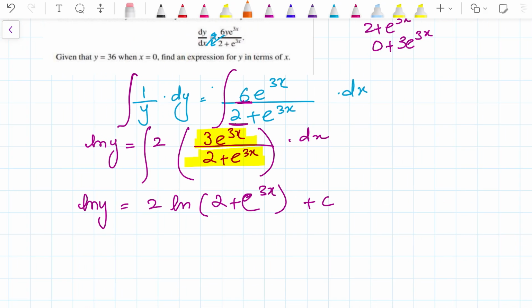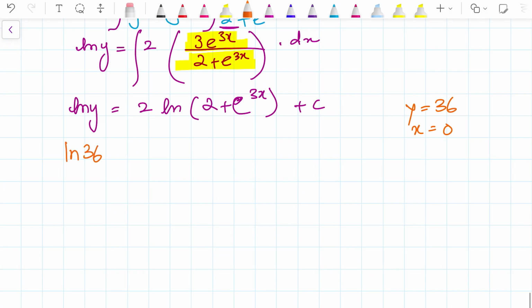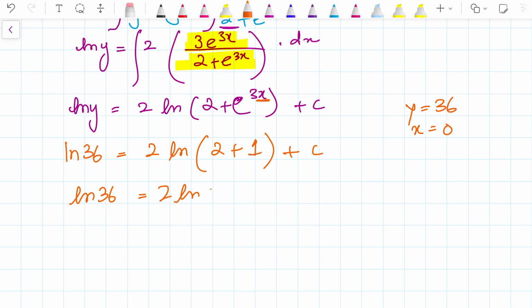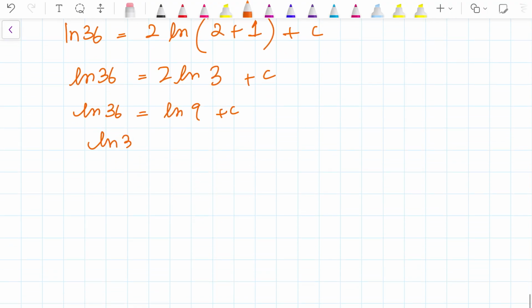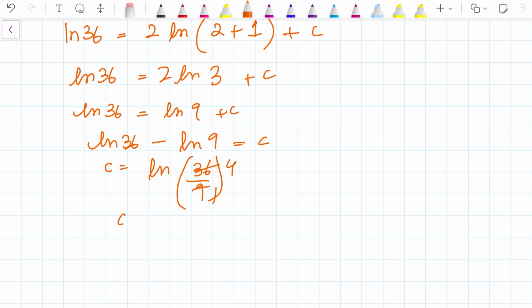Now next is when y is 36, x is 0. When you put a 0 here, e power 0 is 1. So c becomes ln 4.